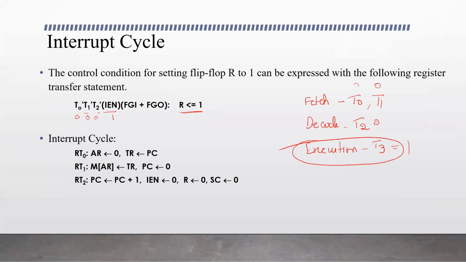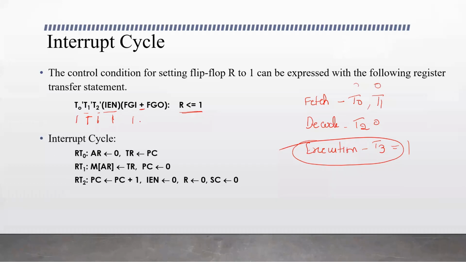But what is T0 dash? When T0 is 0, T0 dash is 1, T1 dash is 1, T2 dash is 1, and IEN is 1. When IEN is set to 1, and FGI or FGO, this plus operation in register language, either the input interrupt or the output interrupt, is set to 1.